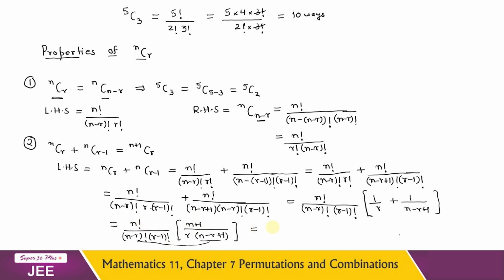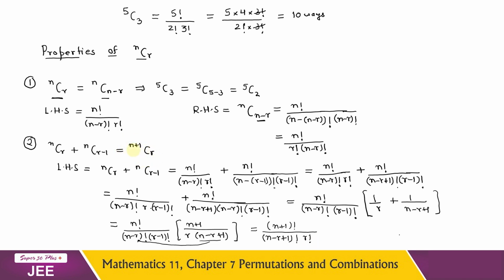So in all this becomes (n plus 1) factorial divided by (n minus r plus 1) factorial multiplied by r factorial. And one can easily observe that the RHS over here will also be equal to what?